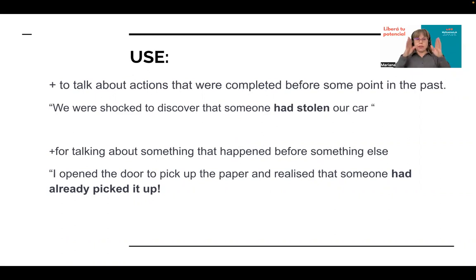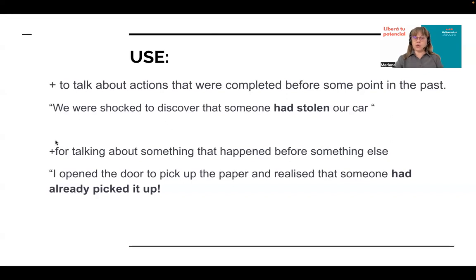So the moment of the shock is one point in time, and the stealing of the car is before our shock. So in an imaginary timeline, or when we look at the past, metaphorically talking, we see that the two actions do not occur at the same moment. Okay, so it's important to distinguish between these when they are used in combination.